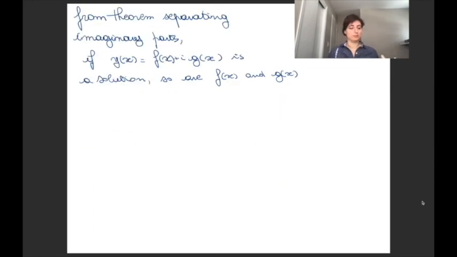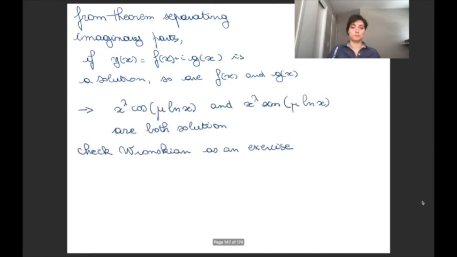But we have a theorem that we saw last week or 2 weeks ago that says that if a solution has a real part and an imaginary part, then the real part itself and the imaginary part are themselves solutions. So they create a fundamental set.